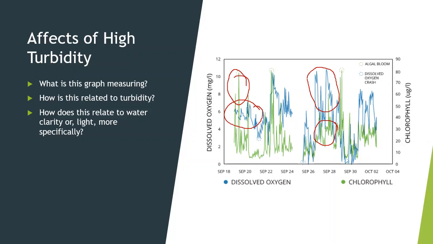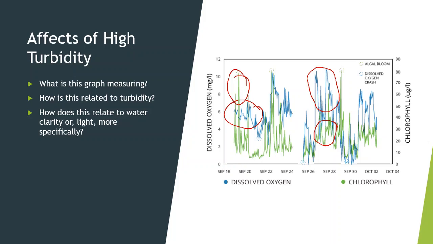So we showed that the actual peaks and troughs pretty much align, right? But the amount of dissolved oxygen does get affected by the amount of chlorophyll. And here's why.